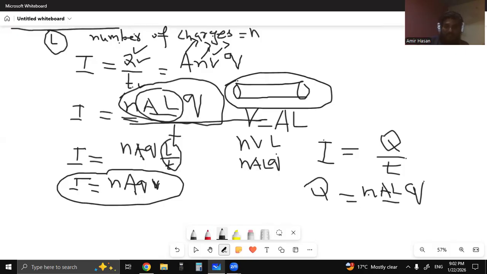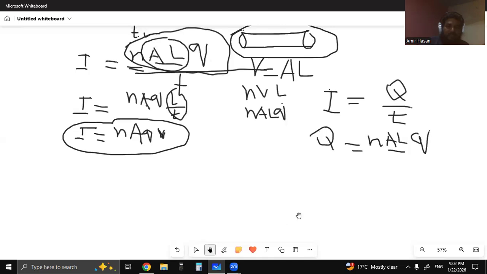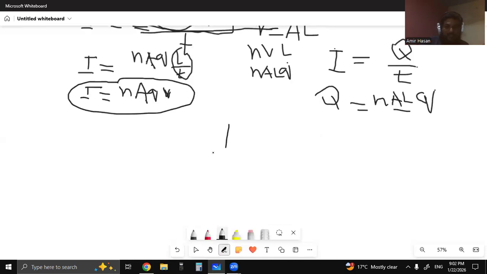When we put this formula value of Q into the formula Q over T, we get nALQ upon T. Now we get again nALQ upon T. It means now the formula I equal to Q by T is nALQ upon T. When we put the total charge value here, now L upon T is the speed.